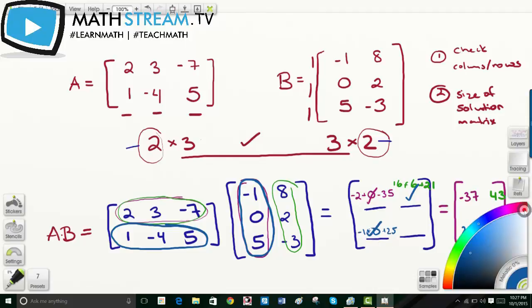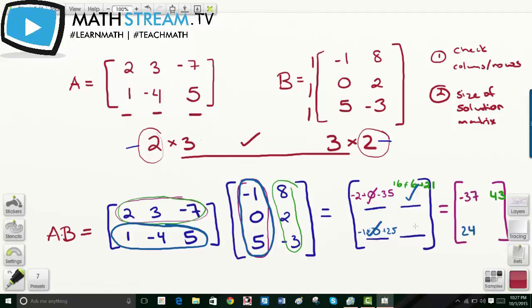Now last but not least, I have the second row, second column. That means I'm going to use the second row and the second column. I'm going to make pairs and add them together. So 1 times 8 is 8.